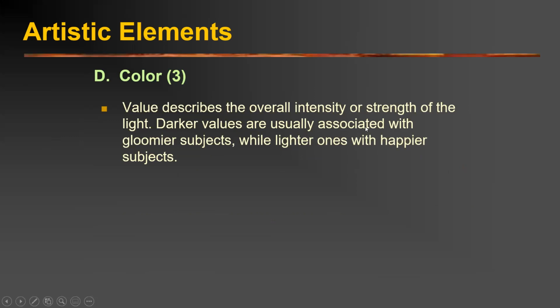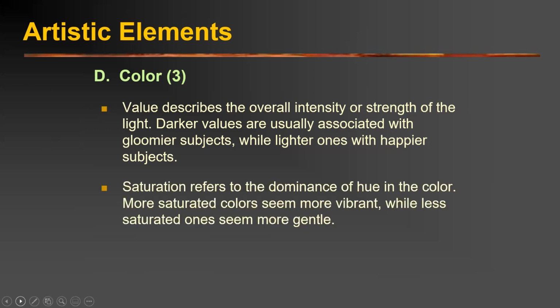Darker values are usually associated with gloomier subjects, with darker themes, while light ones with happier subjects, which is true. Diba kung papansin nyo yung first part ng Harry Potter series, pa-dark ng pa-dark habang nagpuproceed tayo on the next chapter of the story, next book of this story, of this movie.